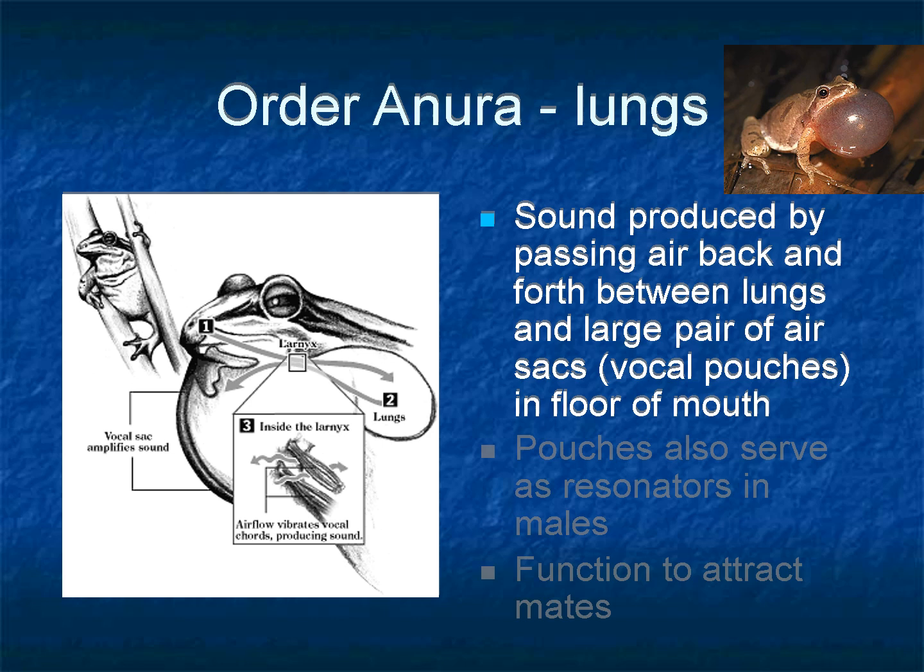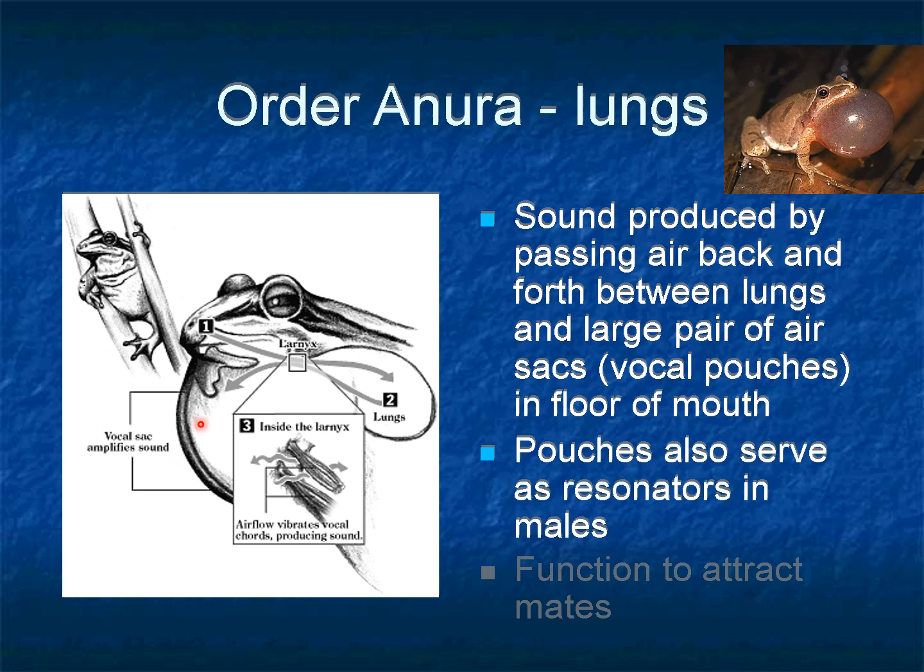As you can see in the diagram, intake of air happens via the nostril and then passes over the larynx to the lungs and then moves back to the larynx to produce sound, which is then amplified in the vocal pouches. These are the vocal pouches.